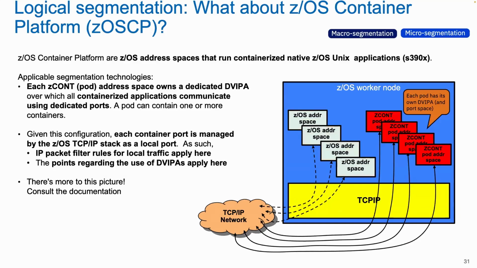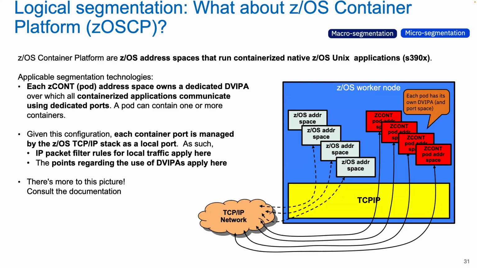So we also have something called z/OS Container Platform, which is pretty new. Here, native z/OS UNIX applications can run as containers on z/OS. So in this case, each pod, which is a Kubernetes term, gets a dedicated DVIPA. All the containerized applications within that pod use that DVIPA address, and they can communicate to each other using dedicated ports.